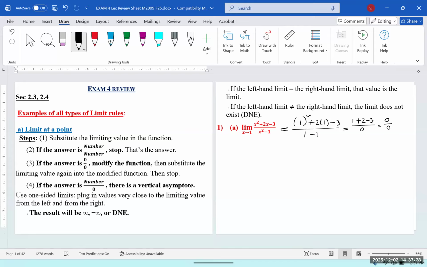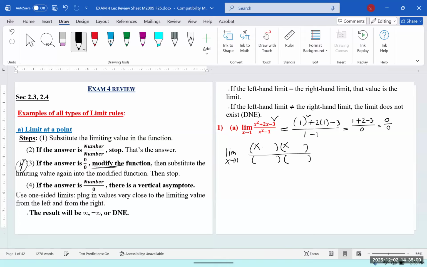0 over 0 means the second scenario. So in this scenario, you have to modify the function first and then resubstitute. So on modify, our goal is to factor and cancel if possible. So the numerator is factorable directly. So is the denominator. In the numerator, you're looking for two numbers that multiply to negative 3 and combine to 2.